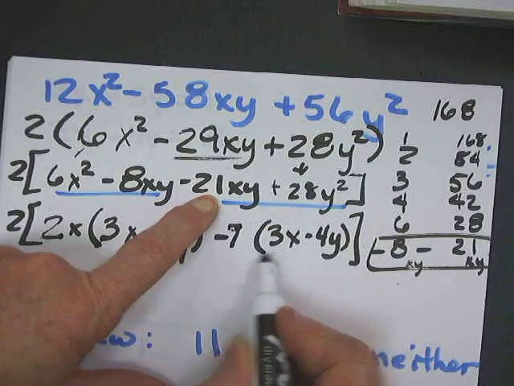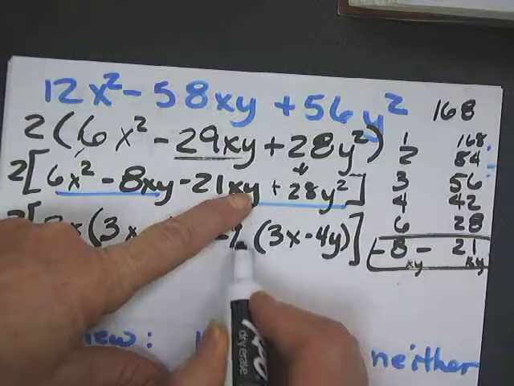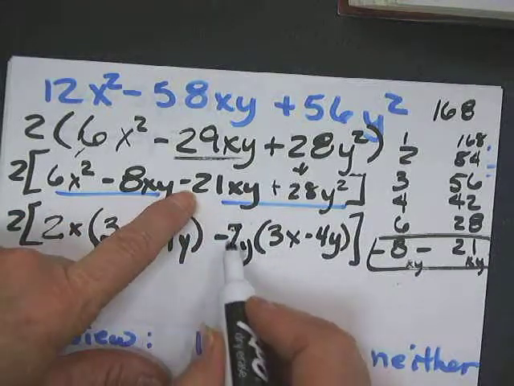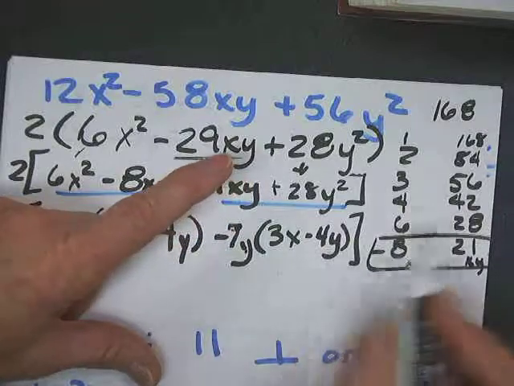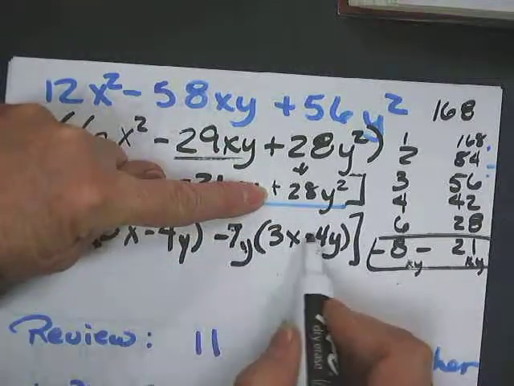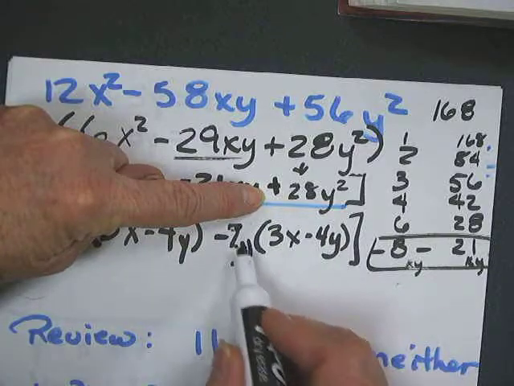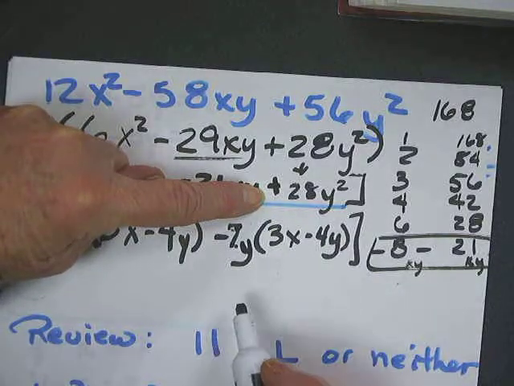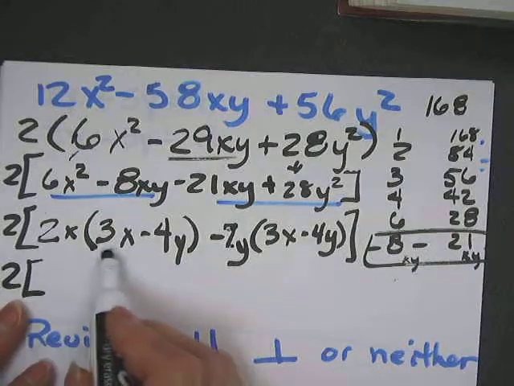Okay, to get this, 3x. To get this, negative 4y. Okay, so let's put this over here. How are we going to get this? Negative 7.